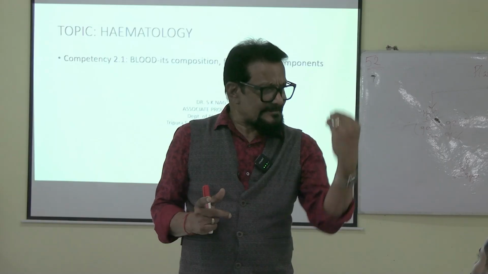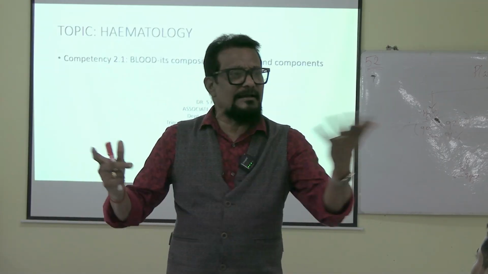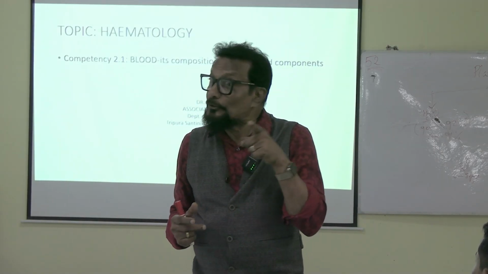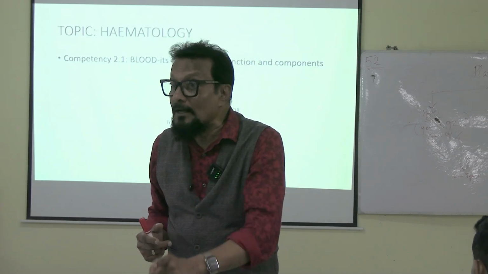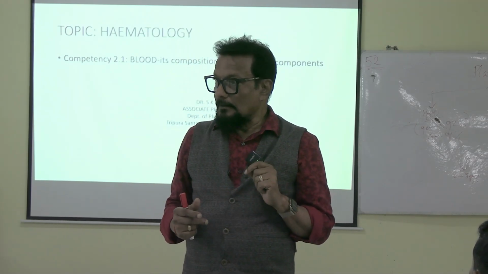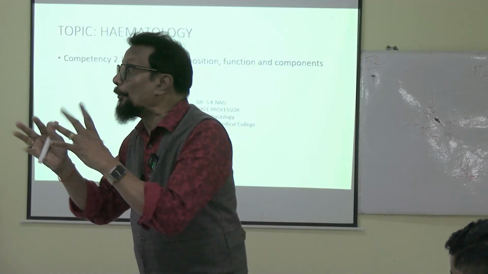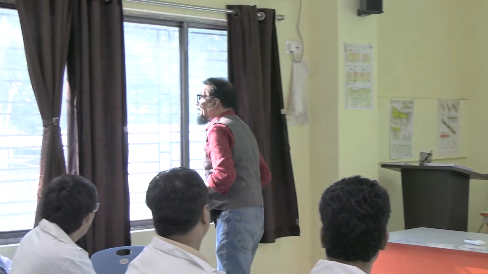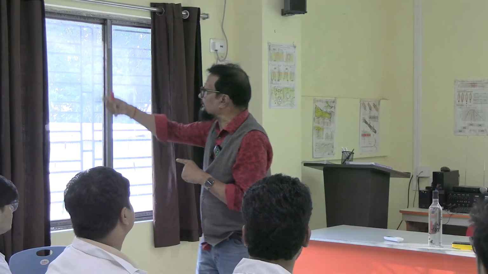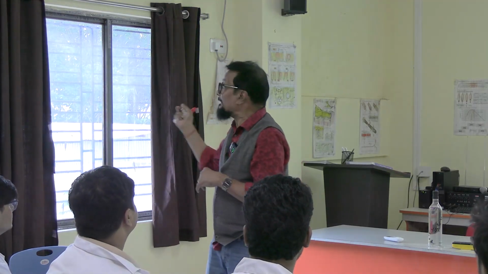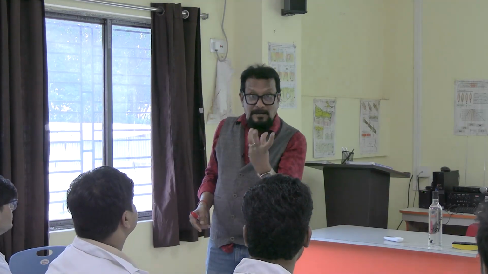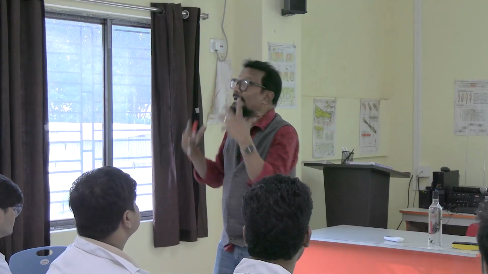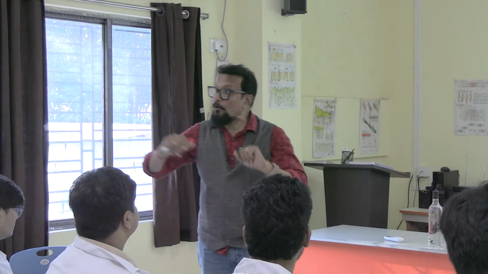By studying blood, you can say whether it is liver disease or kidney disease or any other disease. You must develop analytical power. It gives you a window. You are here and this is the window. This window is blood, and the other organs are outside. Through blood levels and blood composition, you can assess what is happening outside. So that's why it is very important to you.